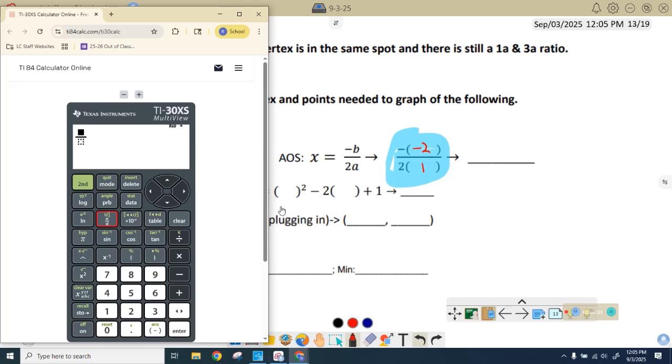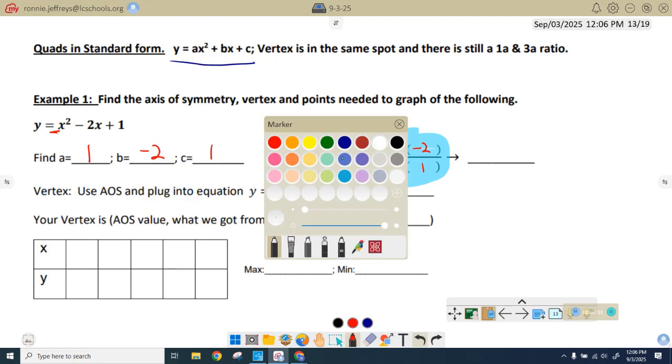The negative button is down here, not subtract. So press negative, parenthesis, -2. Now to go from the top to the bottom, we use a cursor. Then 2 parenthesis 1. So you should get 1 as your answer.